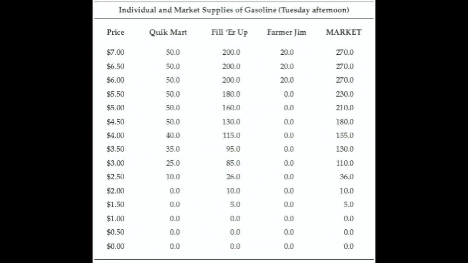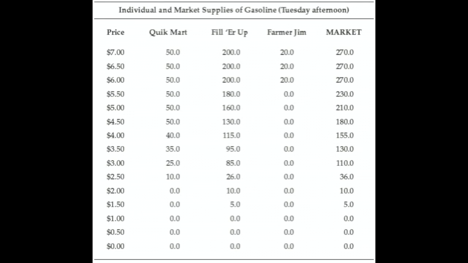And in the textbook, I go through the individual market supplies of gasoline for a Tuesday afternoon. And so now, instead of the individual consumers, we're talking about Quick Mart and Filler Up as two representative gas stations. Then I also have Farmer Jim in here as well.